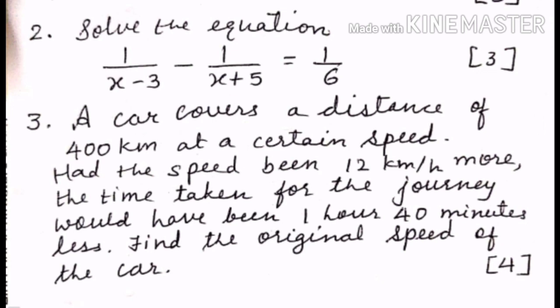So students, you have to take your speed, distance, time formulas, and using it you will make a quadratic equation and then solve it using your factorization. So you will get the original speed of the car in kilometer per hour. If you solve it correctly, you will get full marks, 4 marks.